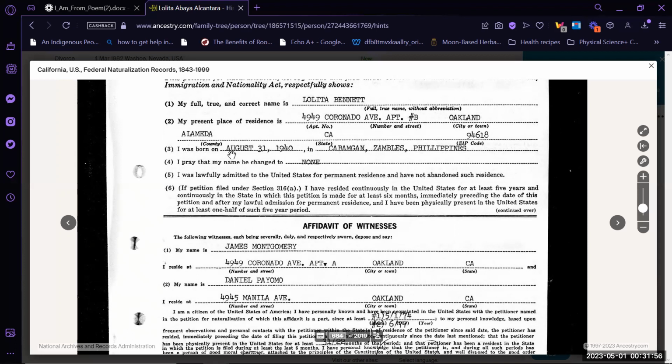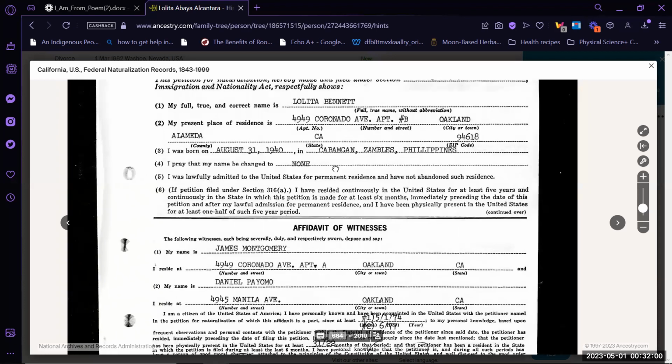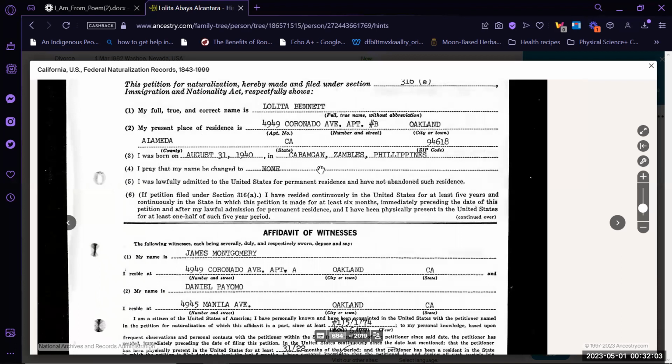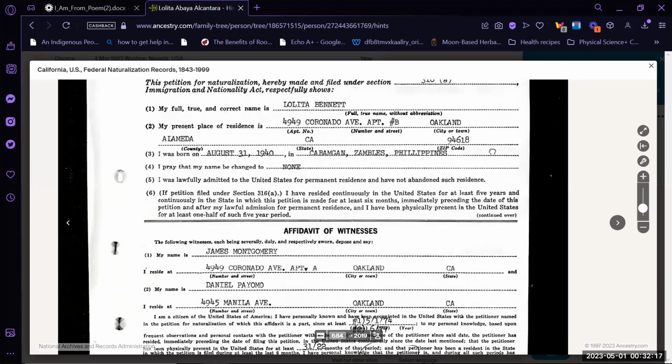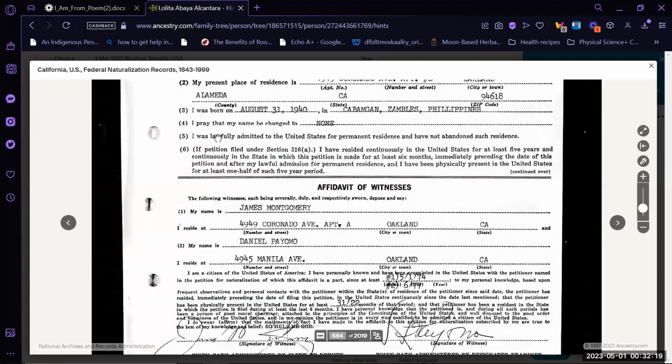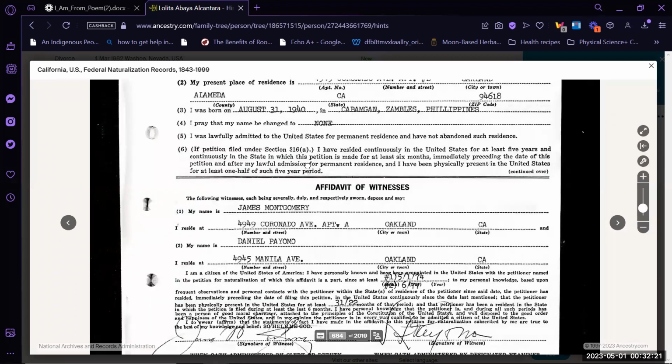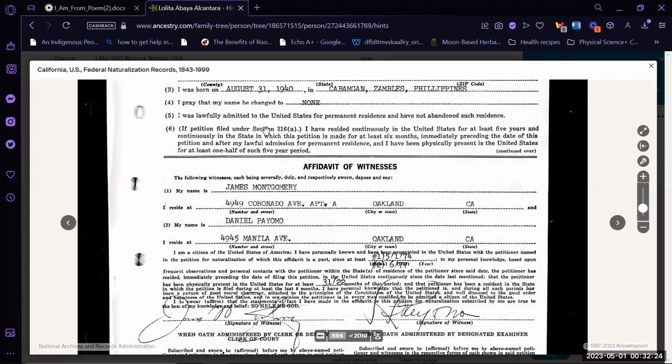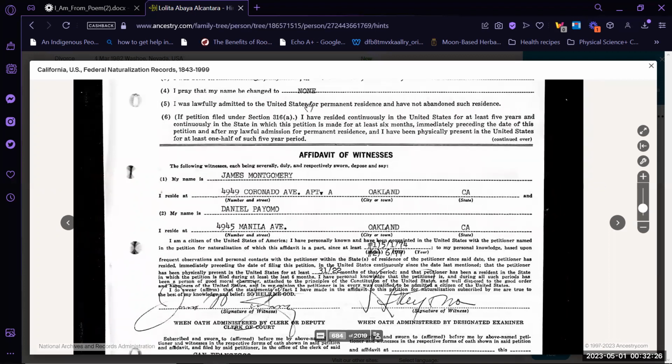For her, it is August 31st, 1940. She was born in Kabangan, Zambales, Philippines. As it confirms, she was not born in the US. In this naturalization, she did not wish for her name to be changed. You just read it to gain any information in there.